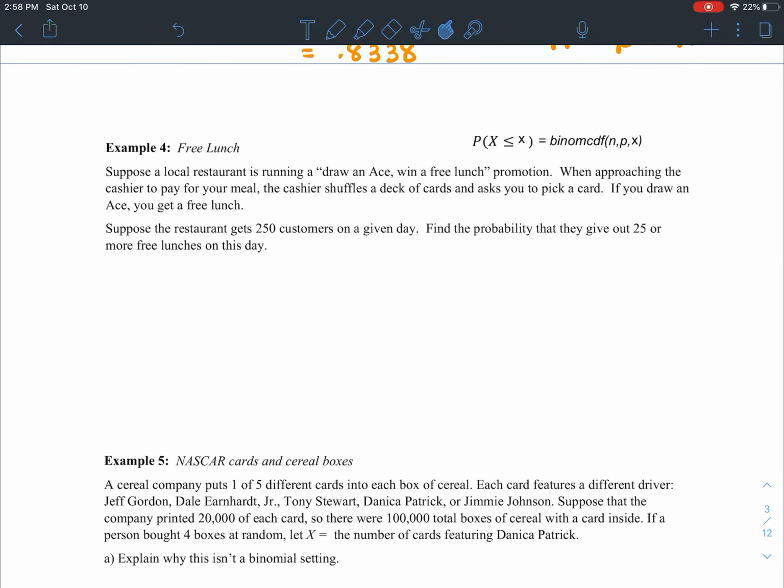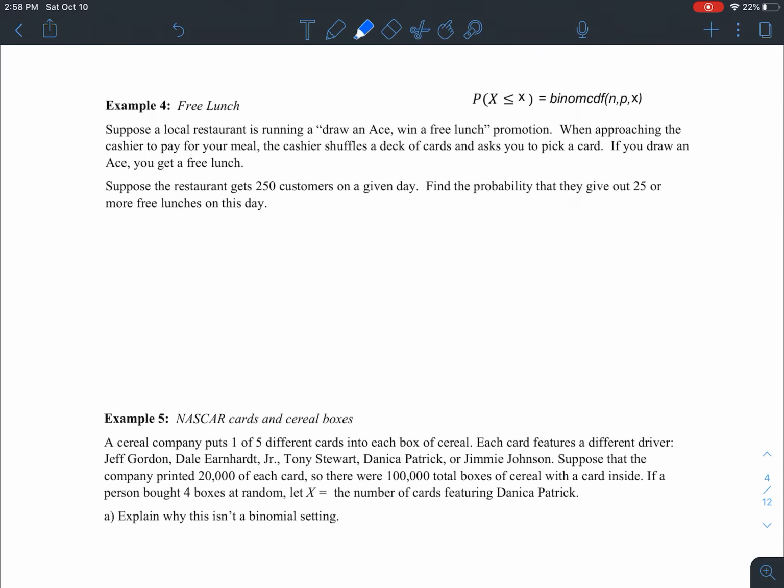Just as a refresher at the top, you can see that this is our calculator feature that works only with a less than or equal to sign. It says, suppose that a local restaurant is running a draw an ace, win a free lunch promotion.